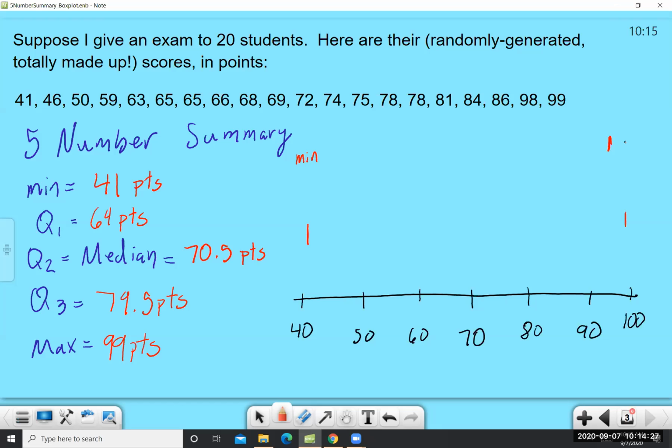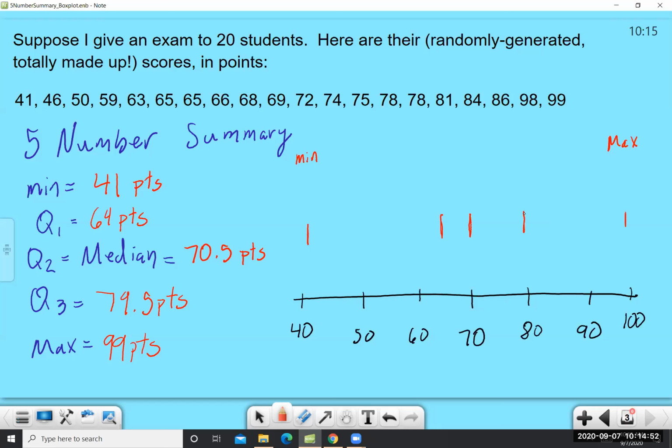So that's the max. Then Q1, my first quartile, is 64 points. That's between 60 and 70, so let's go right about 65 almost. And then the median is right about 70 points, so that's right about there. And then Q3 is 79.5 points, which is just about 80 points right there.